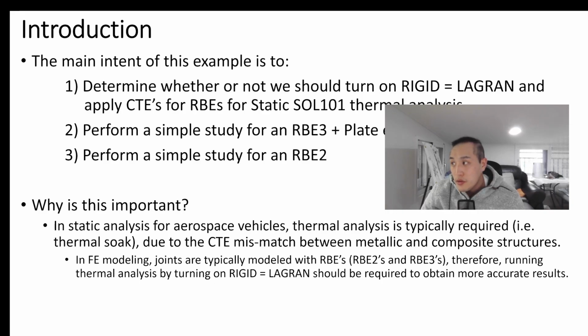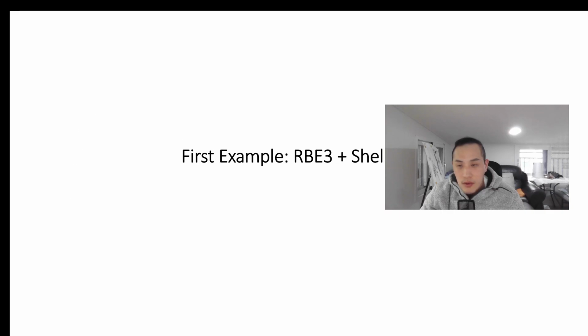Therefore, under thermal soak loading, there will be CTE mismatch loads at the joints between the two components of dissimilar materials. So this is actually quite an important topic to discuss, and I'll go on to the example.